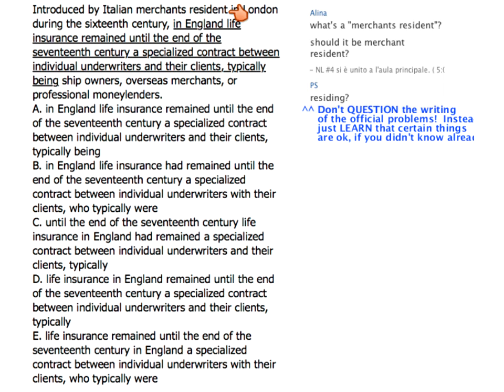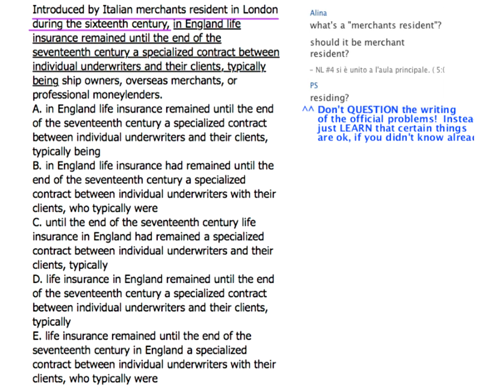All right, so let's talk about this. Introduced by these merchants, comma, which is a lot like coming home from school. So it doesn't say what was introduced by merchants in London. So the sentence has to begin with whatever was actually introduced by merchants in London. So which would be what?